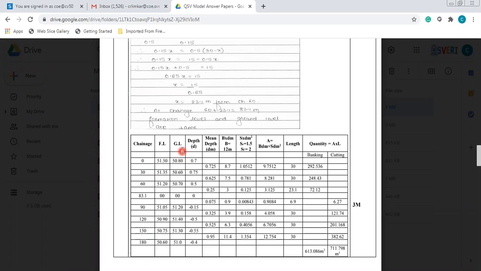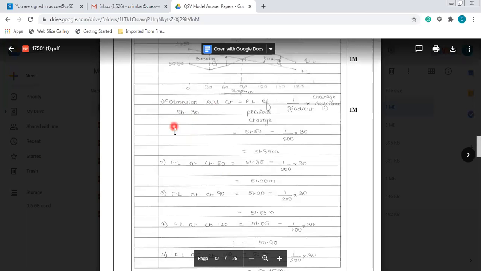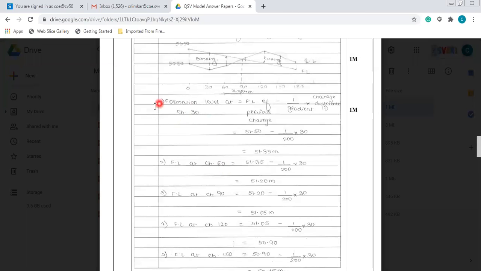In this column, we have the chainages, the first FL, and the GLs. So we can note it down and use this data to determine the rest of the formation levels.